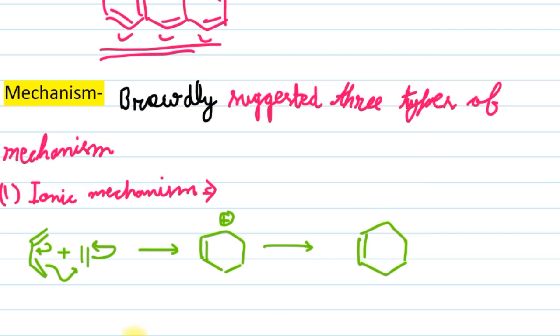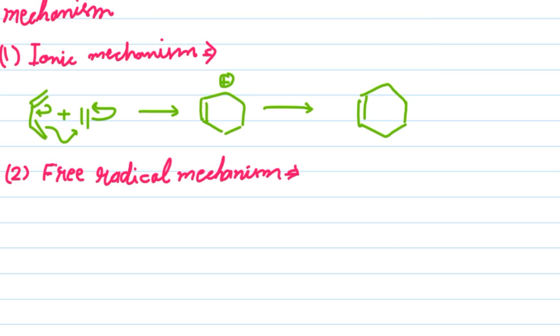And next is the free radical mechanism. In the free radical mechanism, the dienophile and diene form free radicals. So let's take the example of butadiene and ethene.